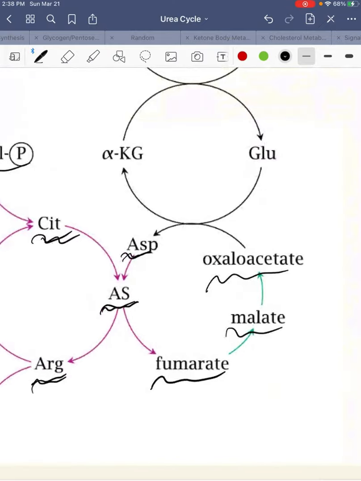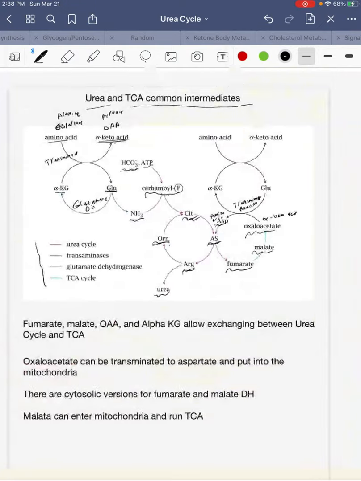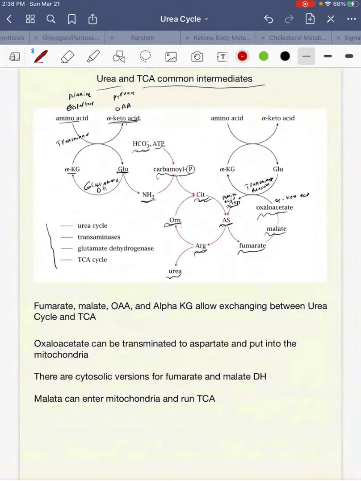To convert from oxaloacetate to aspartate, this is your transaminase reaction. Oxaloacetate is an alpha-keto acid, and then this is your amino acid. So if we go back, it's this reaction just running the other way.